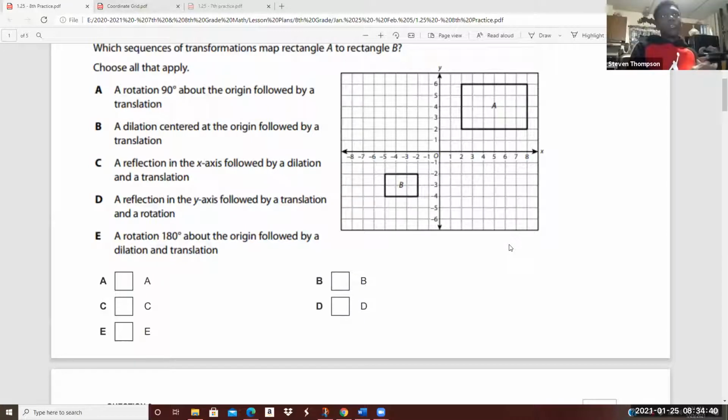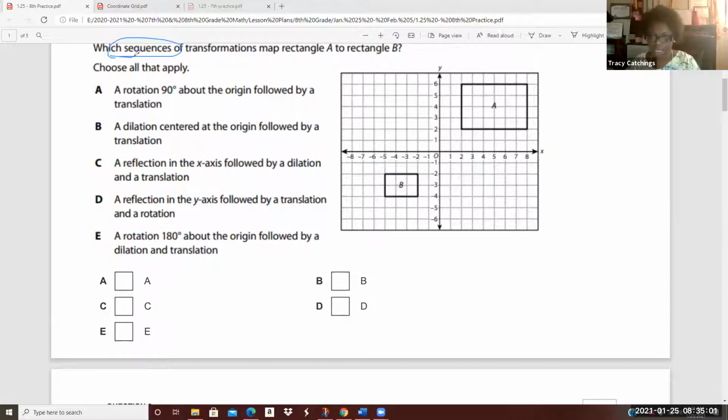Which sequence of transformations map rectangle A to rectangle B? Good job. Which sequences? So notice it got an S on the end. So that's telling us more than one thing happened. So get in the habit of being able to recognize more than one thing happened.